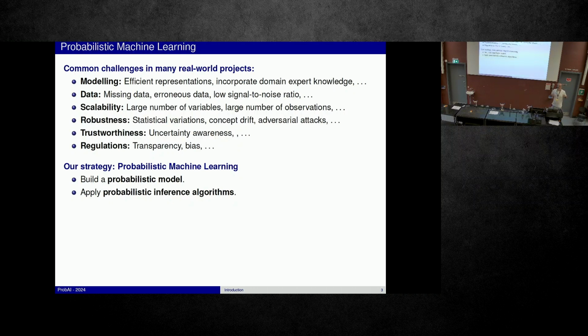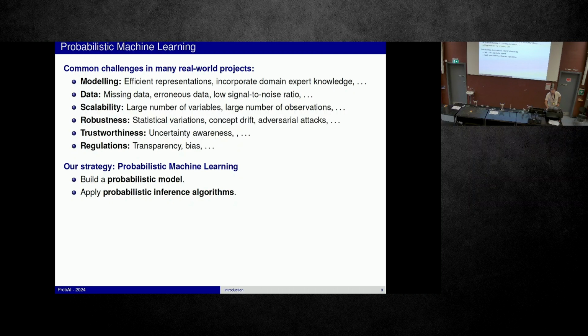So we need to be careful about the model suddenly. And since this is the probabilistic AI summer school, the solution is, of course, to do probabilistic framing of our machine learning model. So this is what we will do today as well. We will build probabilistic models and then do probabilistic inference as the answer to the learning task that we are faced with.